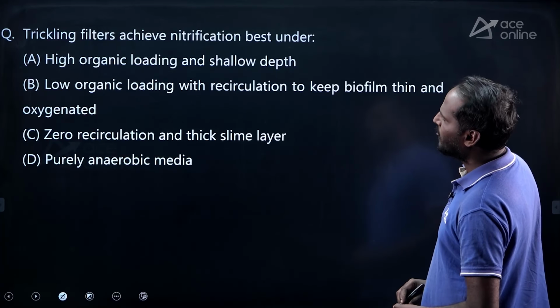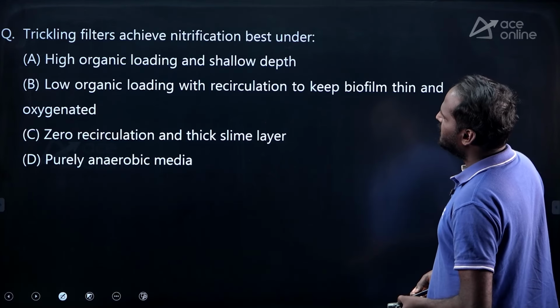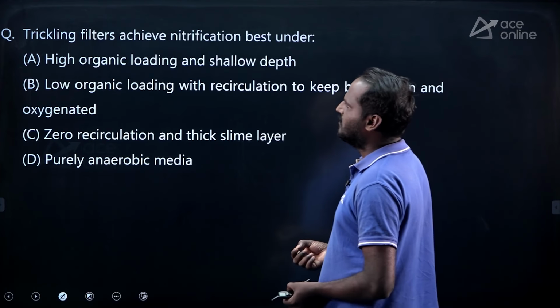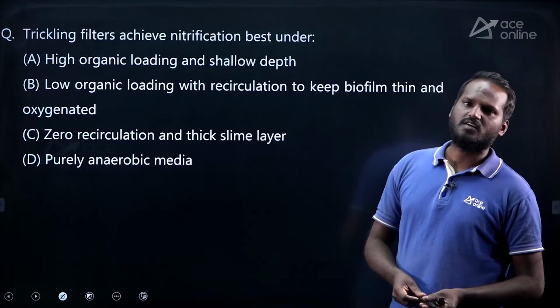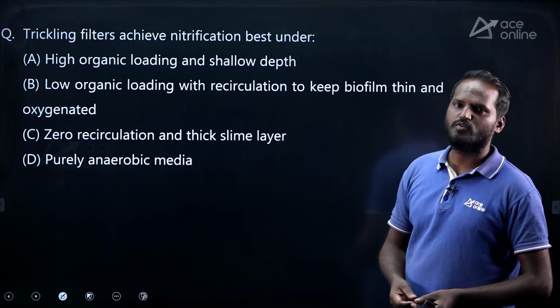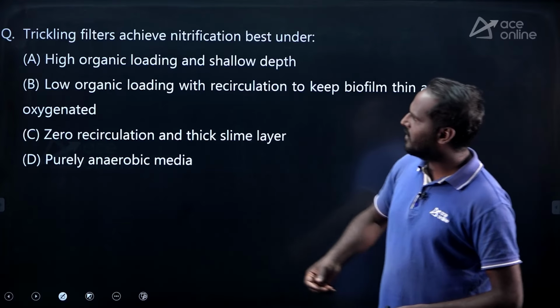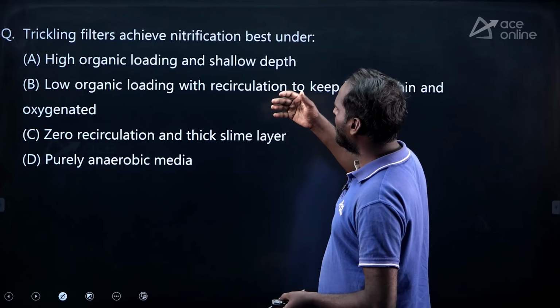Now, next, trickling filters achieve nitrification best under. If the trickling filter has to treat the water, what conditions achieve the best nitrification? Look at this, high organic load and shallow depth.